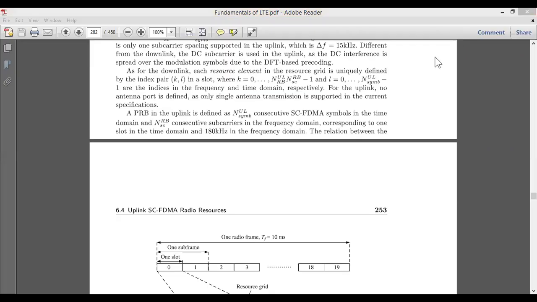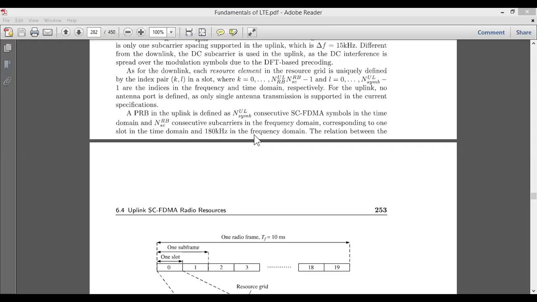Now other than this structure of LTE, in this concept of FDMA, symbols in time domain, or in the frequency domain, some of the corresponding slots in the time domain make use of 180 kilohertz of frequency. It depends how much uplink and how much downlink they want in their frequency. But here in frequency they are making use of 180 kilohertz.